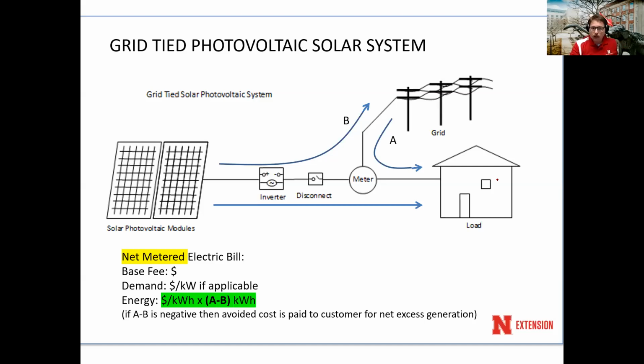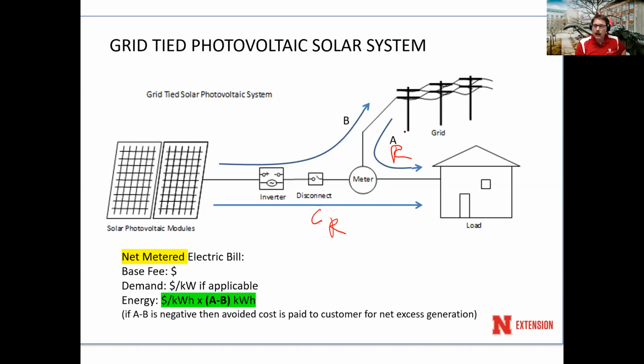We have a value for A, a value for B, and then we can call this one C down here. What we know is that A is retail rate, because that's what we're buying from the utility. We know that C is retail rate because it's offsetting A. And then B is excess generation.